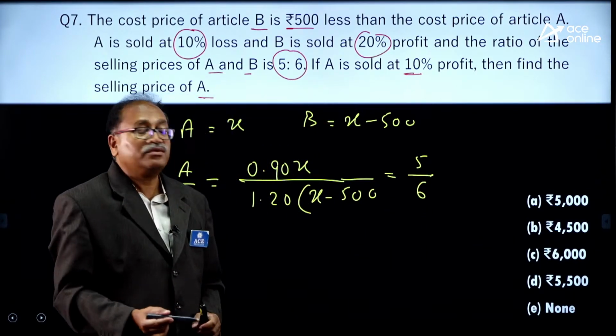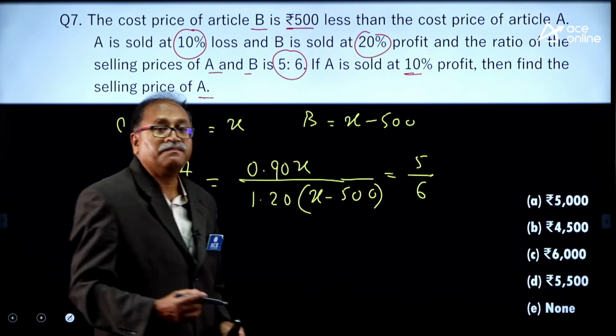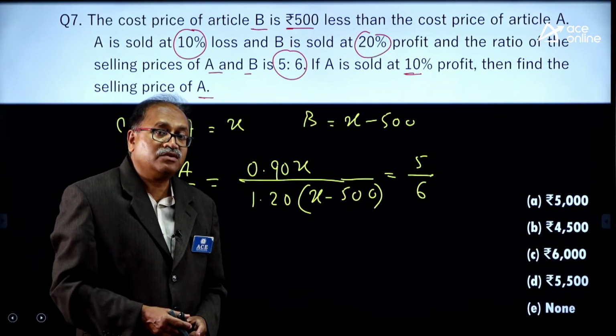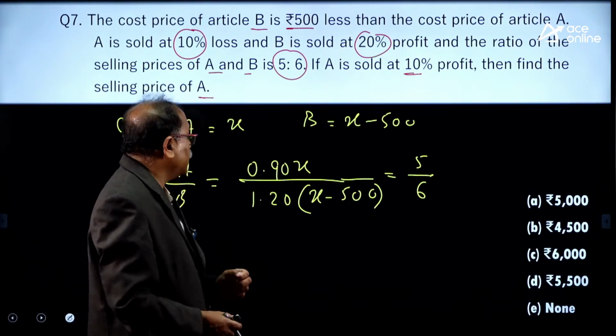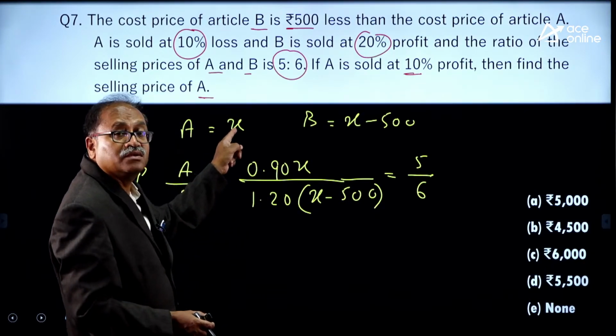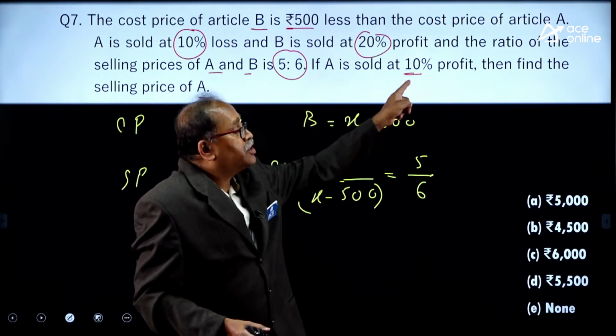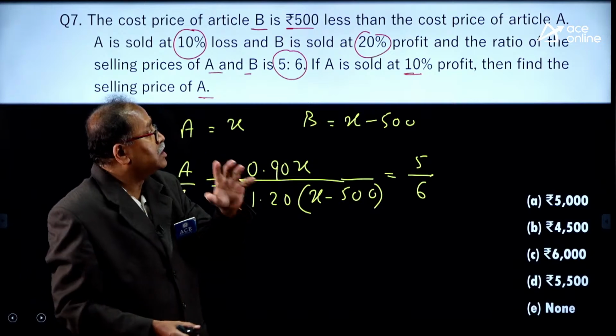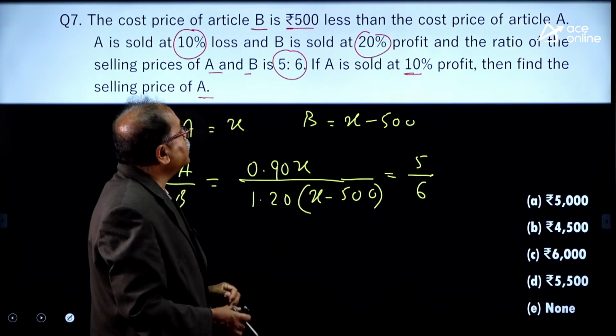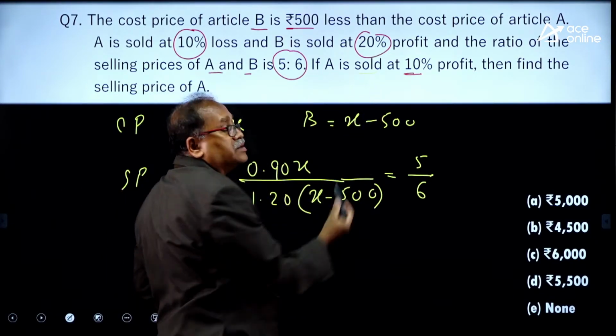Is it not? By solving this equation, you get the X value, and once you get the X value, you can find out the cost price, that is A, and once you know A, you need the selling price with 10% profit. So, I can find out the selling price.